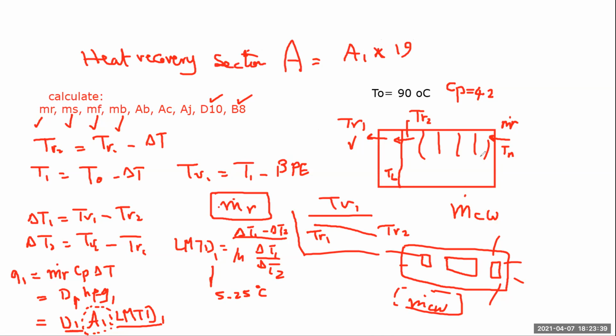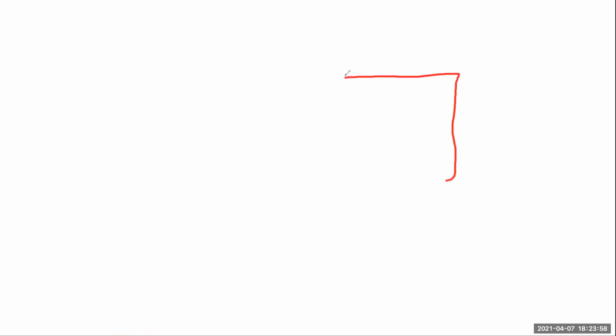The delta T there is different. It's entering at 25, leaving at 35, which is Tn. So it will be 10 divided by 3. Just to make it a little bit clearer, I don't have to do it in detail for the heat rejection section, but I'm just pointing it out. It is made up of 3 stages.